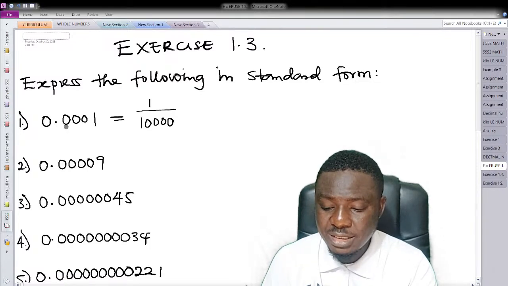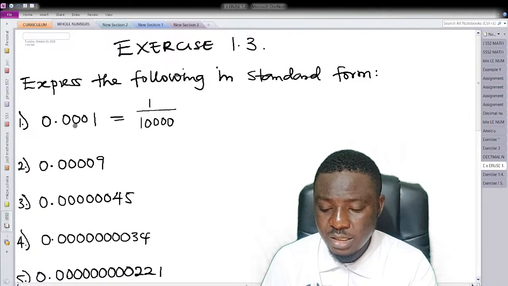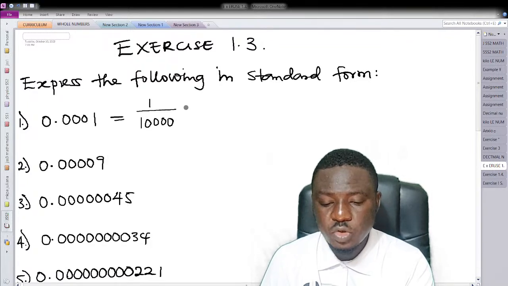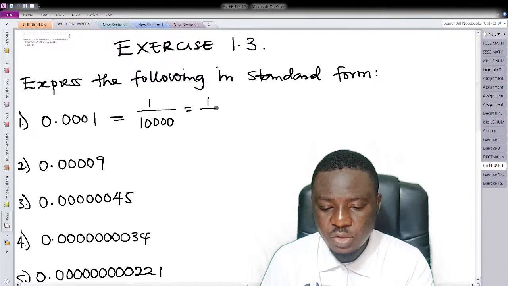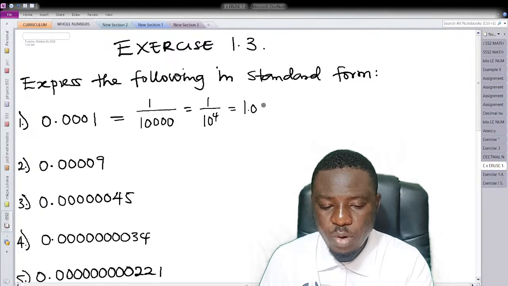Remember, this is tens, hundreds, thousands, tens of thousands. So this can be expressed as 1 over 10 to power 4, and this can be expressed as 1.0 times 10 raised to the power of negative 4.